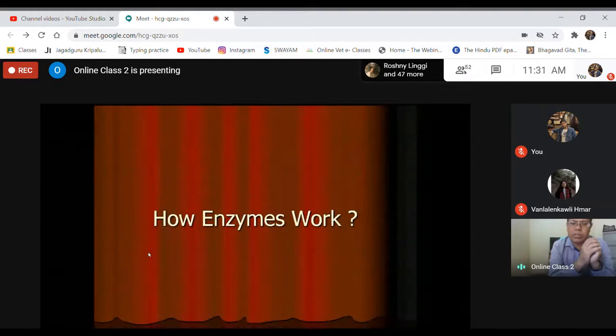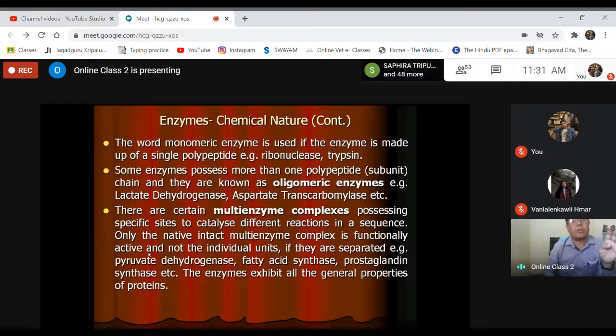So what we have learned here is that the enzymes may be monomeric enzymes. Then some of them may be oligomeric enzymes. So that means it contains more than one peptide or polypeptide chain, but they have only one catalytic activity.